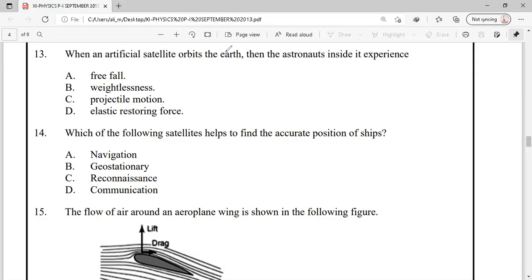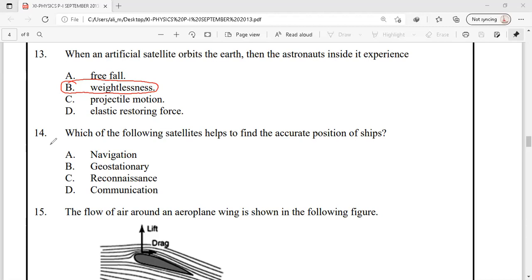So then we have question number 13. When an artificial satellite orbits the Earth, the astronaut inside it experiences weightlessness. Due to this, they create an artificial gravity inside that satellite. So option B is the right answer.